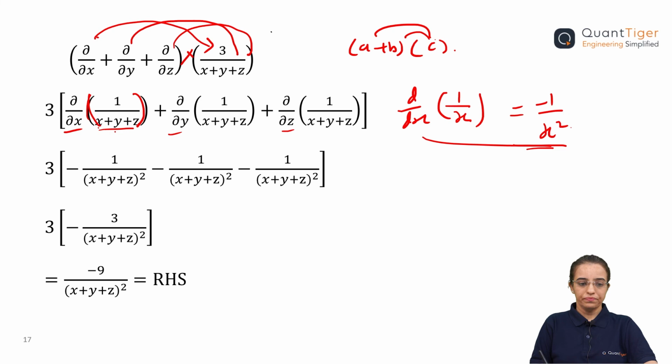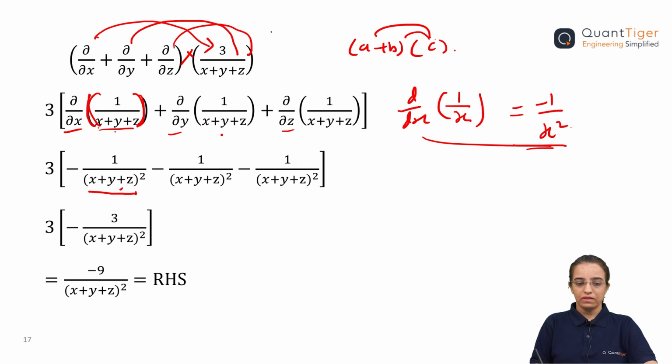So for this whole bracket with respect to x, partial differentiation will be minus 1 upon this whole bracket square. Similarly with respect to y, it will be minus 1 upon this whole bracket. Again with respect to z, it will be minus 1 upon this whole bracket.